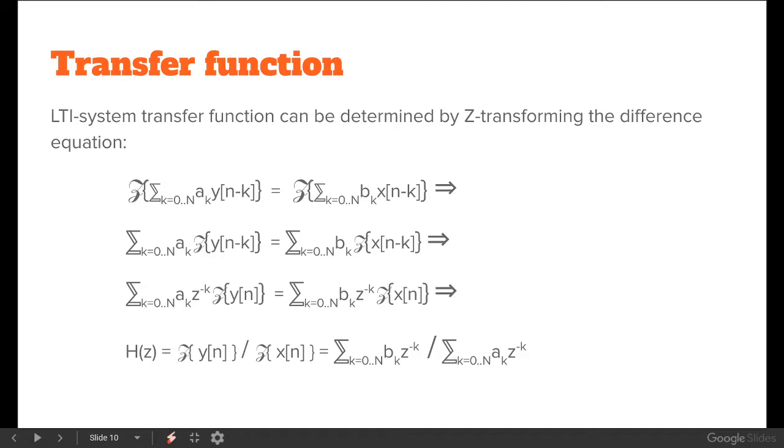We have b0, b1, b2, and so on this side. And on the output, we have y of n, and then we have the feedback part with multipliers a1, a2.